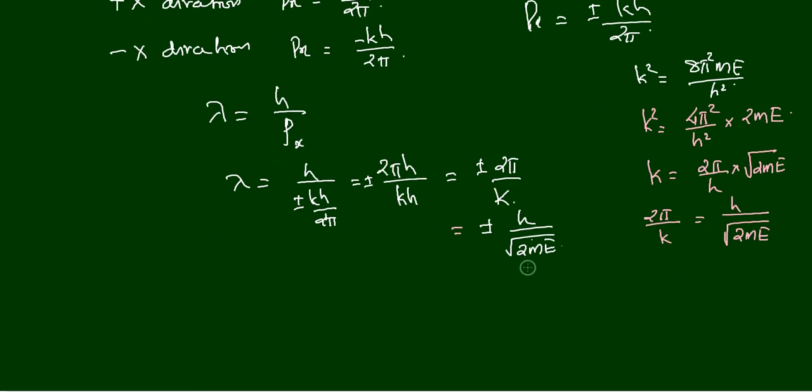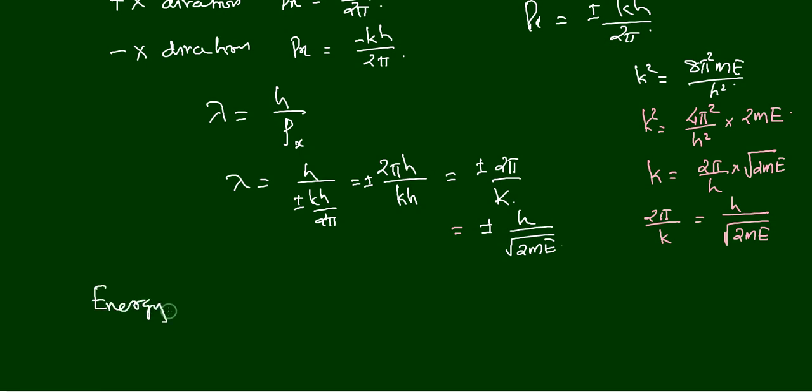It will have positive wavelength when it is moving in the x direction, and the wavelength will have negative sign when it is considered to be moving in the negative x direction. Now you got an idea about the wavelength. Now we can think about energy, energy of the system.